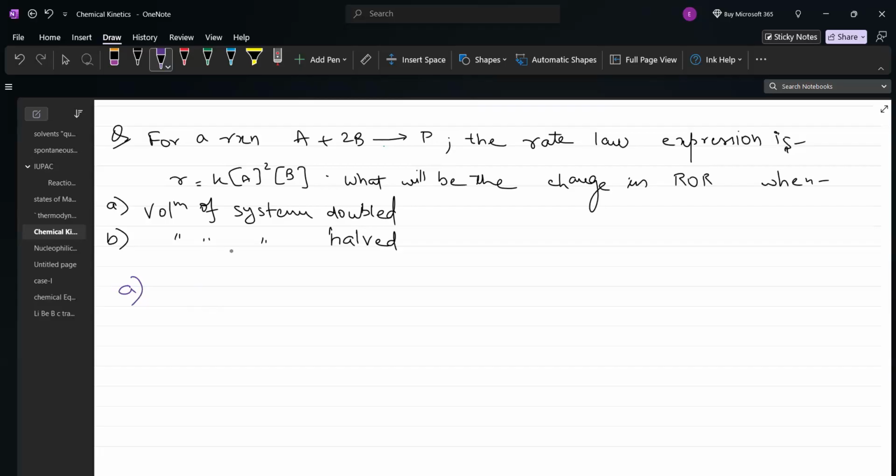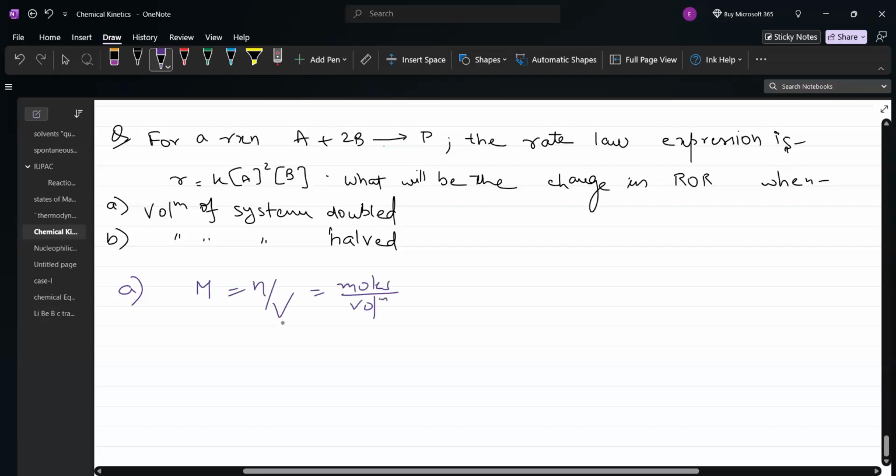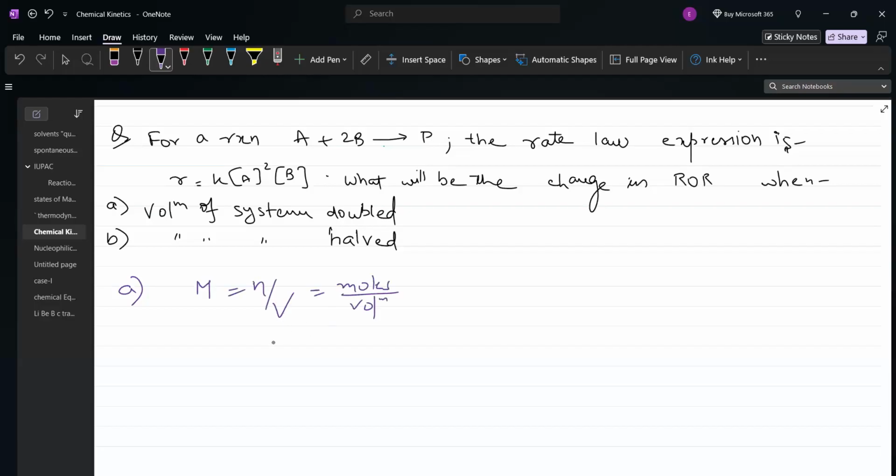So what we are doing is changing the volume of the system. With the change in the volume of the system, the rate of reaction also increases or decreases. The formula itself has volume, right? That is why the rate of reaction is affected by this.